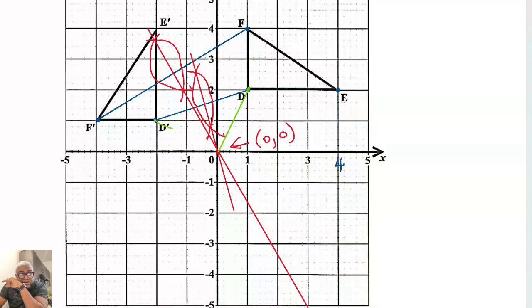And then a line to the corresponding point. How many degrees does it look like? Straight up. Who could tell me? Does that look like 30 degrees? Nah. Look at it. 90 degrees. It's a 90-degree rotation. So it moved from here to here, 90 degrees.